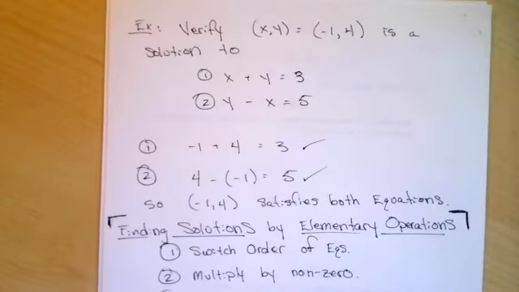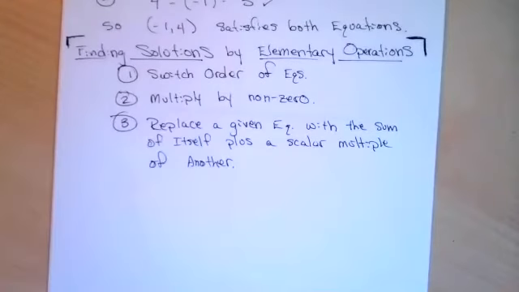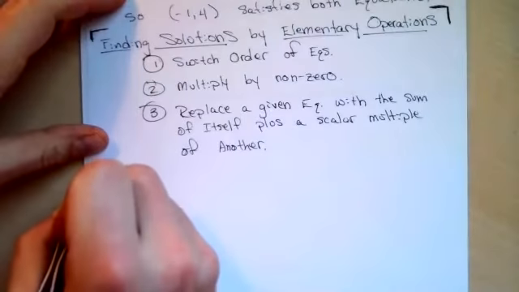So that'll work. However, those methods don't work very well once we get into 3 or more variables. That process seems to take a lot longer. And so what we're going to end up doing is using these elementary row operations to solve all of our systems of equations.